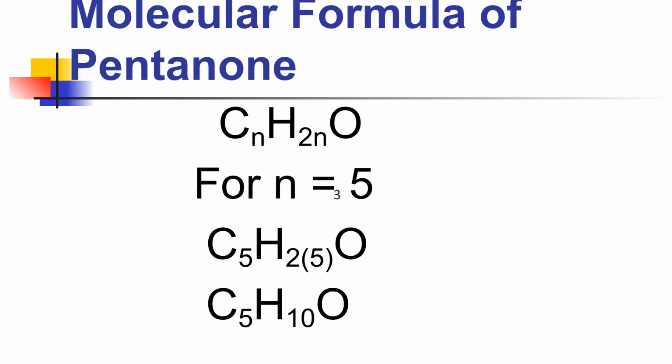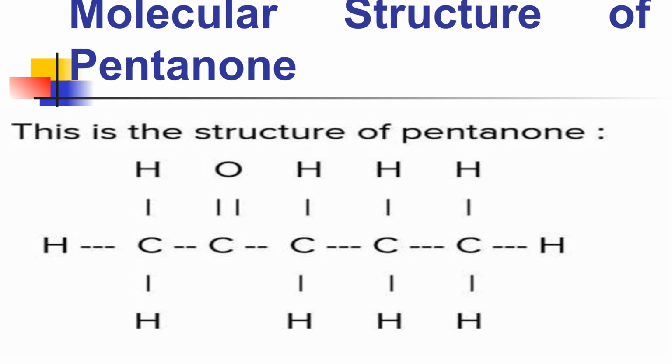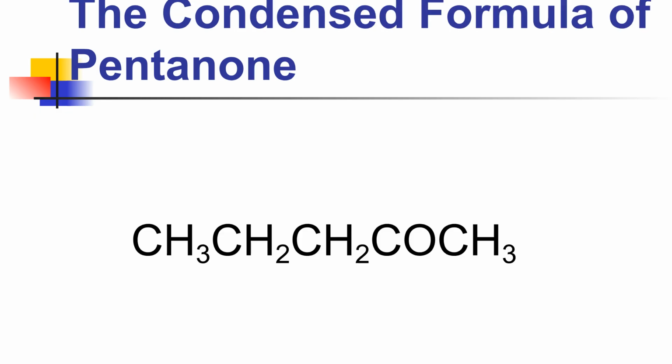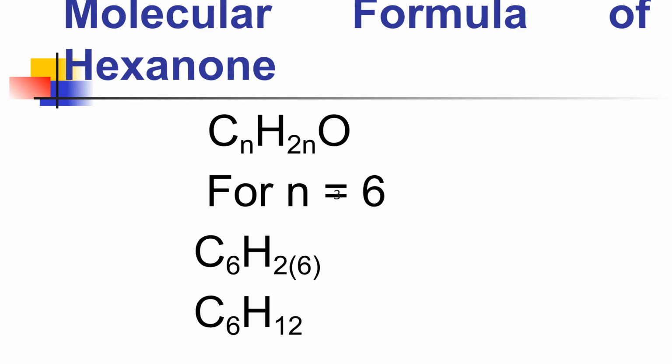For pentanone, where n equals 5, the molecular formula is C5H10O. This is the molecular structure of pentanone. The condensed formula for pentanone is CH3CH2CH2COCH3. For hexanone, where n equals 6, the molecular formula is C6H12O.